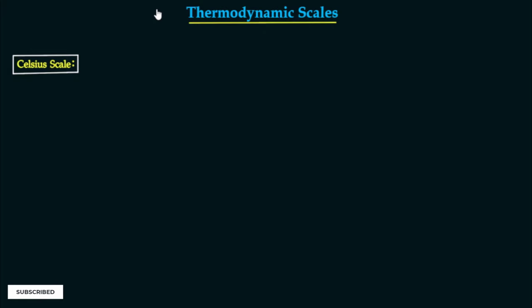In this particular video, we are going to learn about some thermodynamic scales. So, the first thermodynamic scale is the Celsius scale, which we are aware of since our school days. In the Celsius scale, we have two reference points. One is the ice point of water and another is the steam point of water.